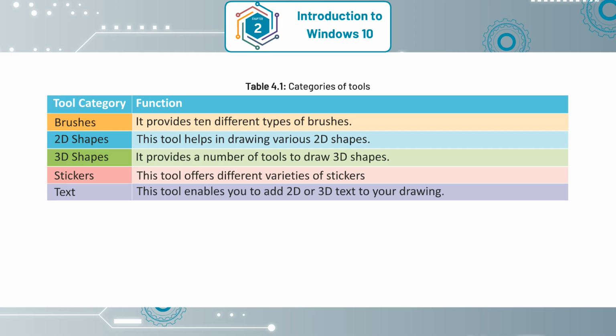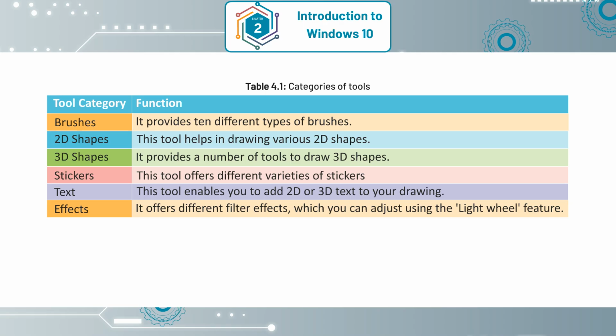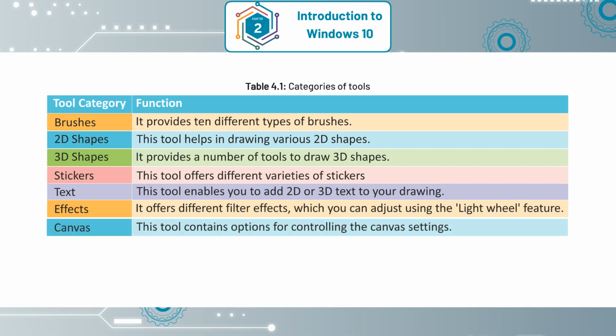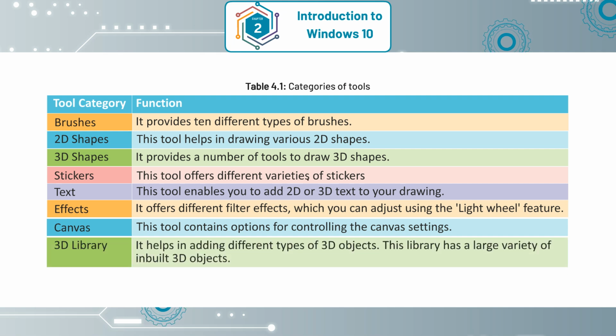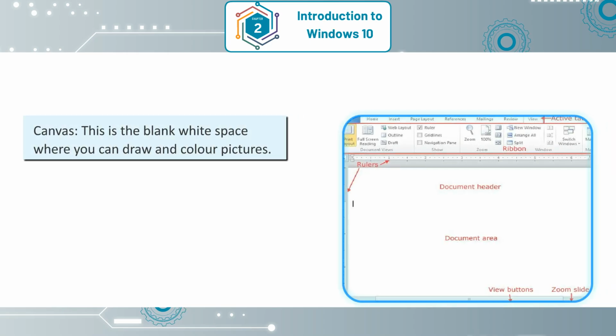This tool enables you to add 2D or 3D text to your drawing. Effects. It offers different filter effects, which you can adjust using the light wheel feature. Canvas. This tool contains options for controlling the canvas settings. 3D library. It helps in adding different types of 3D objects. This library has a large variety of inbuilt 3D objects.